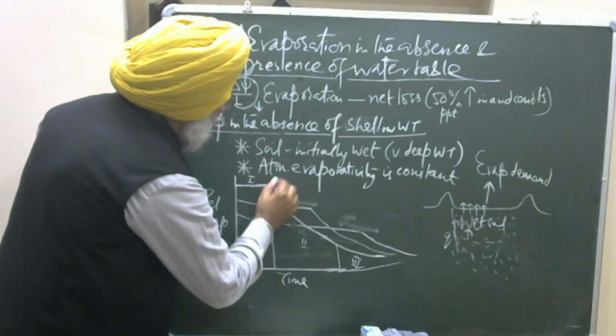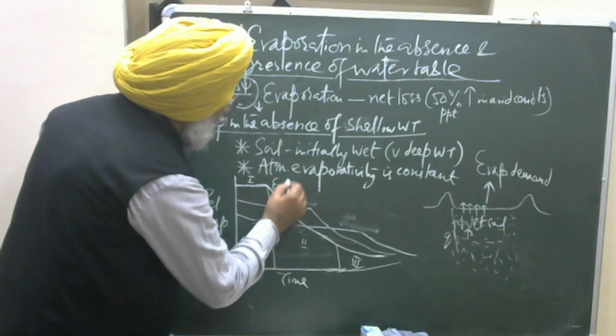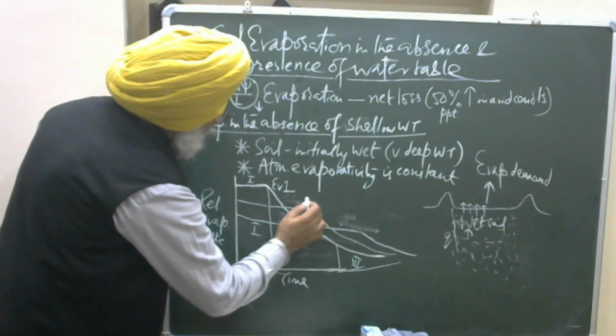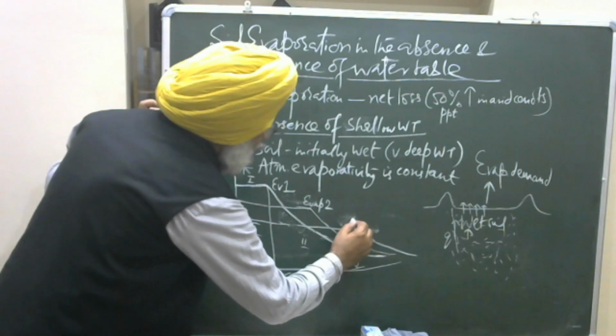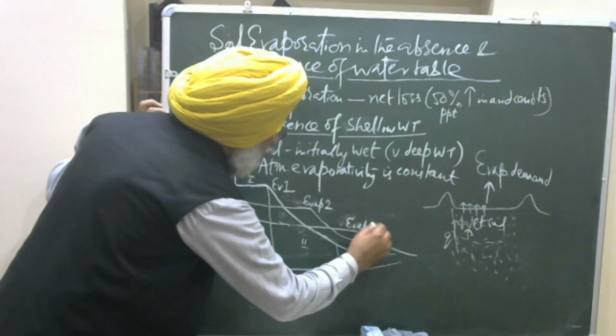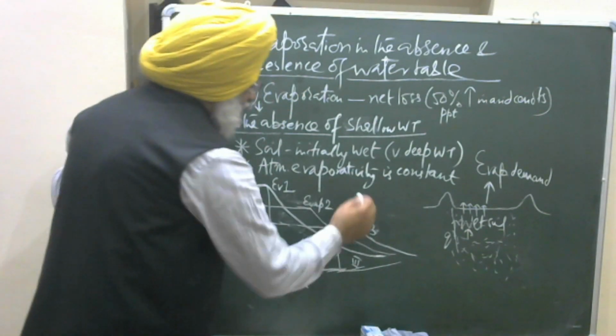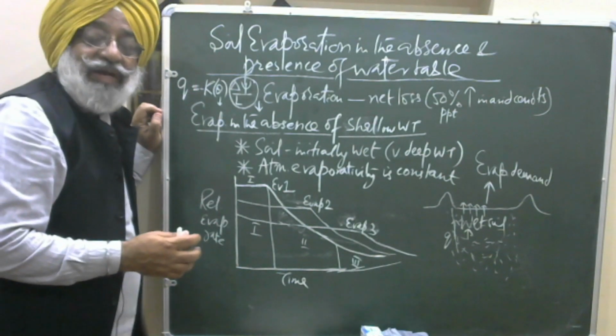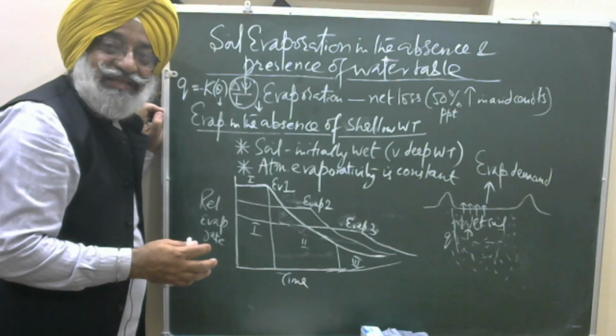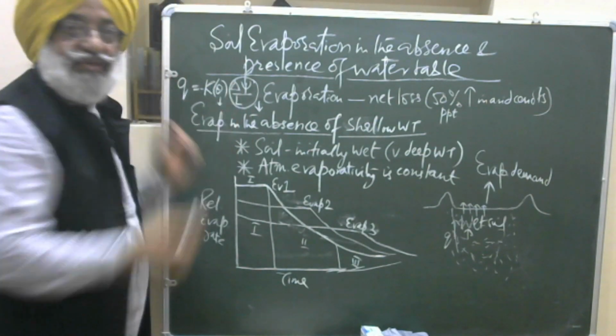Similarly, I can say that if this curve is for, I should call it evaporativity, say evaporativity 1, this curve is for evaporativity 2, this curve is for evaporativity 3. And now, can you tell me in which case the evaporativity will be the highest? Yes, in stage 1.